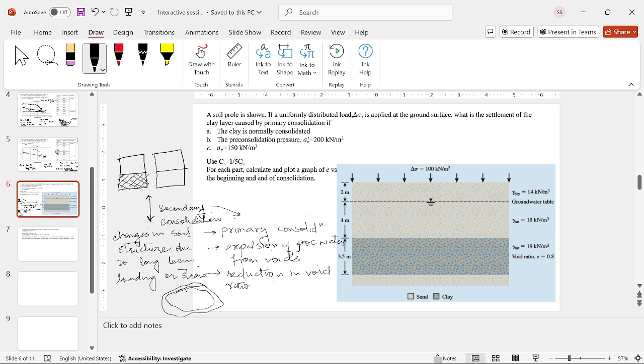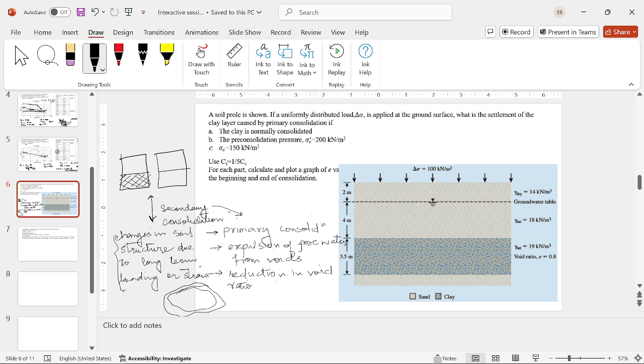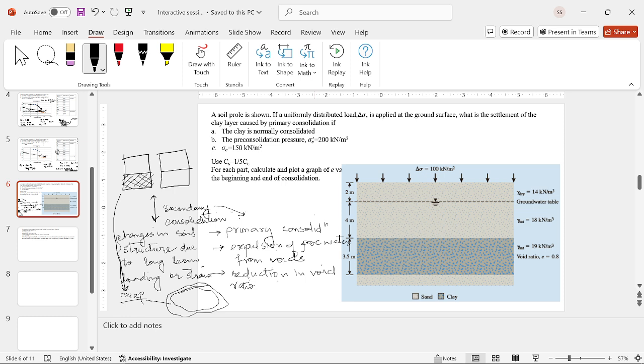So this deformation is called creep, and it happens due to inherent change in the structure of the soil and not due to the expulsion or reduction of voids. So initially all the voids will change, and then secondary consolidation will take place, in which the structure of the system is changing.